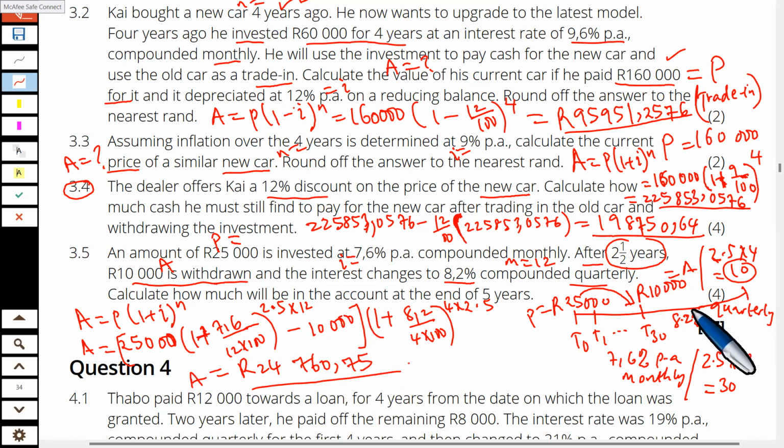After the 10,000 was withdrawn in the middle of the timeline, the investment continued for another 2.5 years, but it was quarterly now. So you divide by 4, you multiply by 4, but it's 2.5 years. If you do everything, with the 10,000 withdrawn so it's minus, you multiply everything, it gets to 24,760.75.